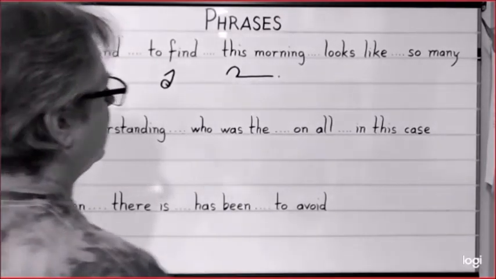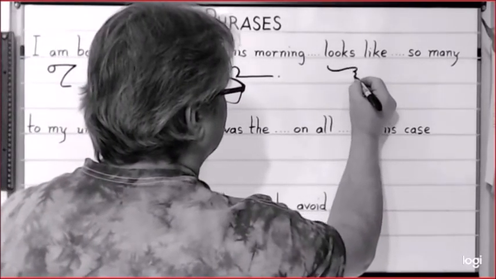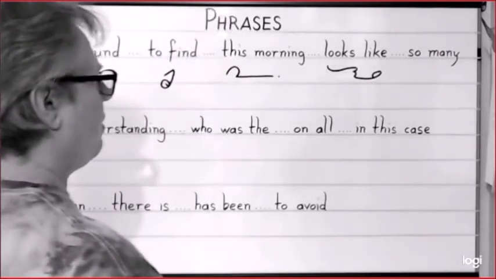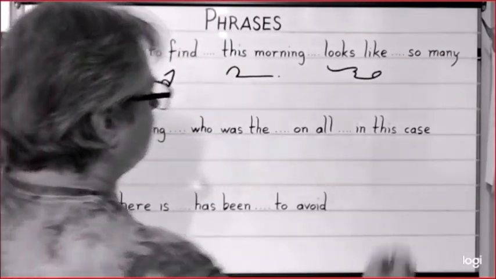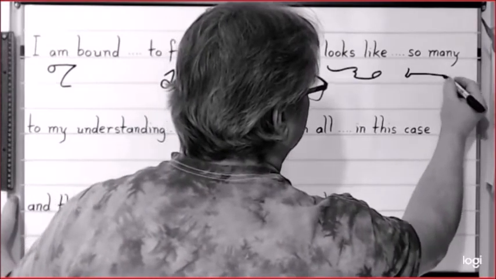For looks like, L-U-S, and then L-A. For so many, is the S-O, the M stroke, and then the E.